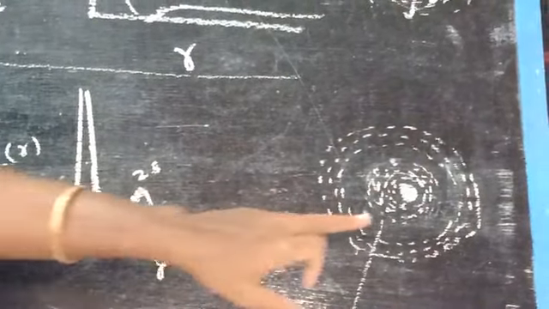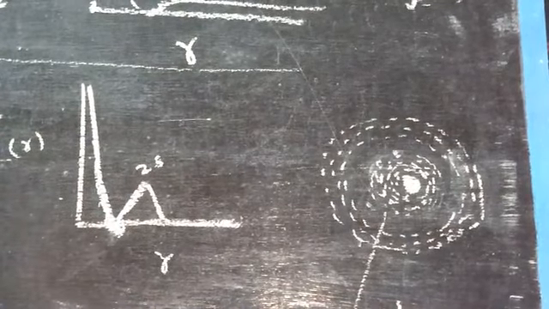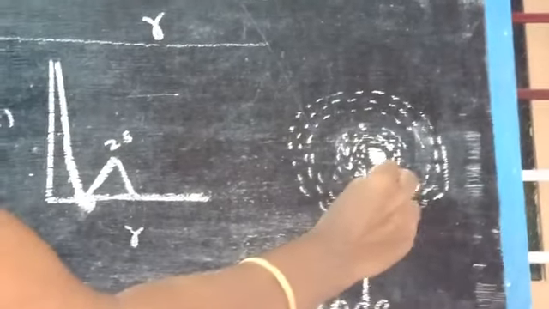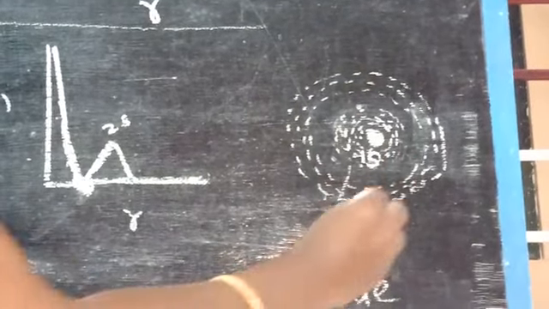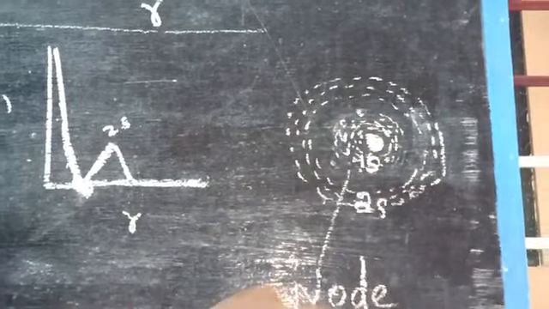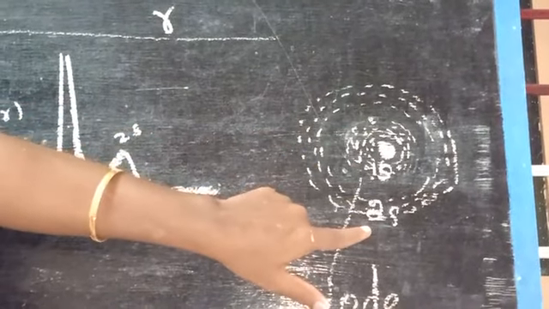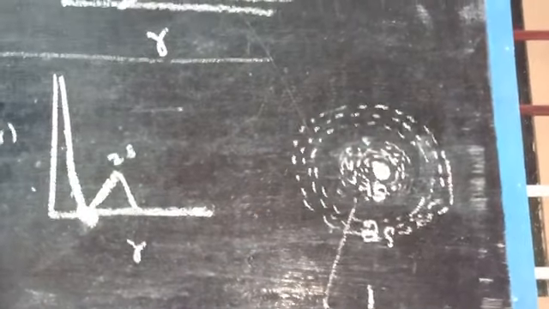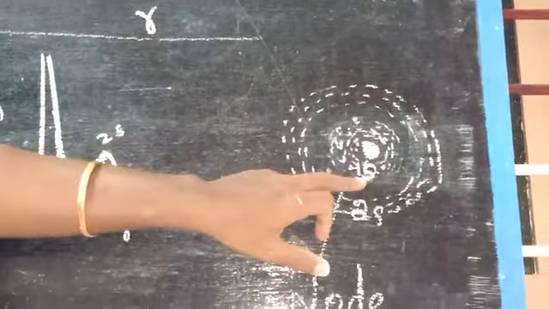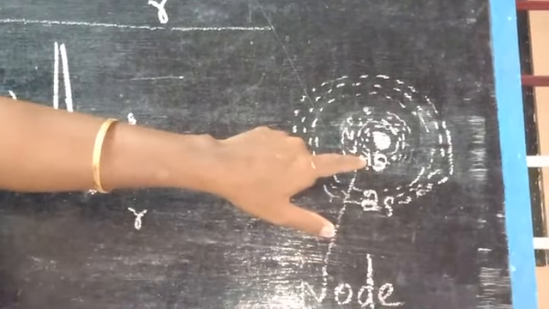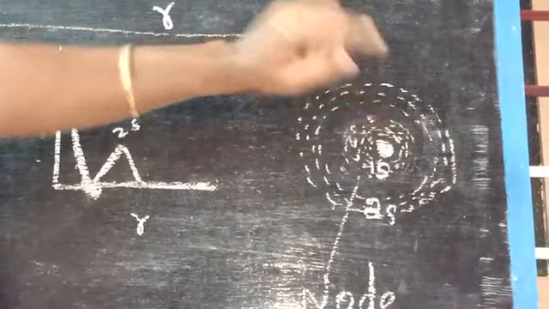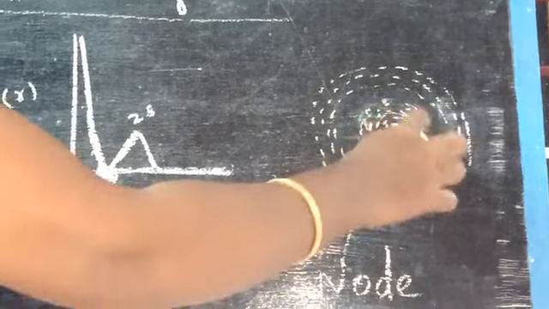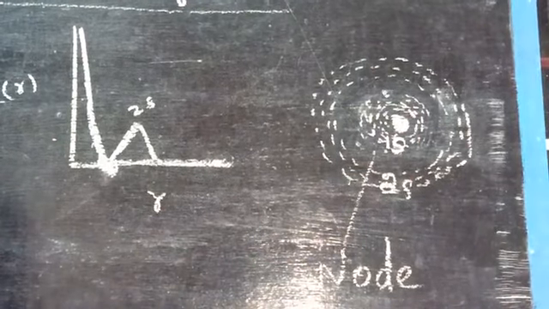Why is this gap there? Here the electron repulsion is there, because the 1s orbital contains an electron and here the 2s electron is present, so electron repulsion takes place, creating the vacant space. At the same time, in the 1s orbital, the electron has negative charge and the nucleus has positive charge, so attraction takes place, and the probability of the maximum electron being present is here.